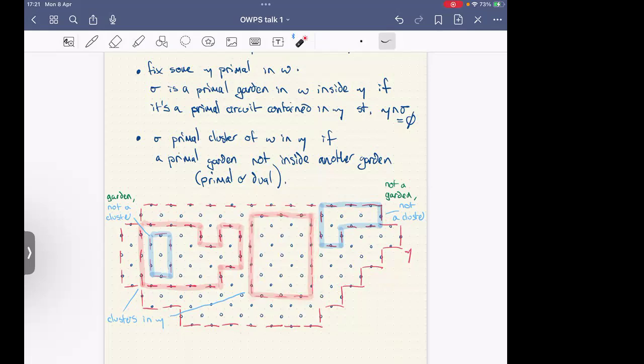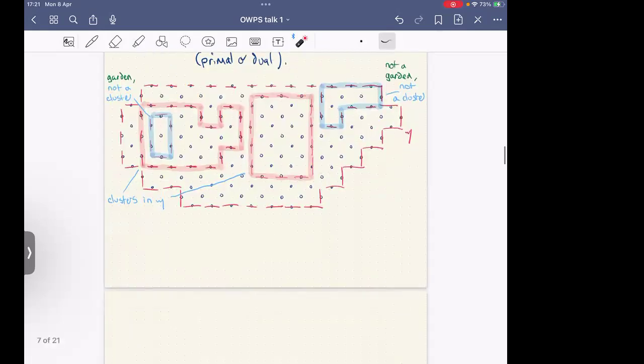It's a sub circuit, and it doesn't touch the edge, whereas this one does touch the edge, so it's not a garden. And this one is also a garden, and so is this one, but only the outer one is a cluster because it's maximal. So this guy and this guy are clusters. This guy is a garden but not a cluster, and this guy is neither a garden nor a cluster.